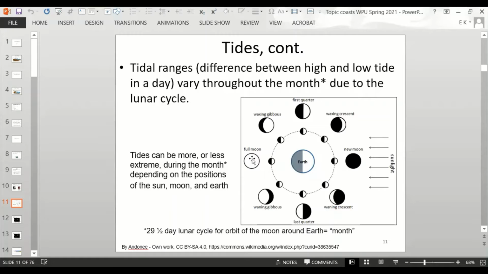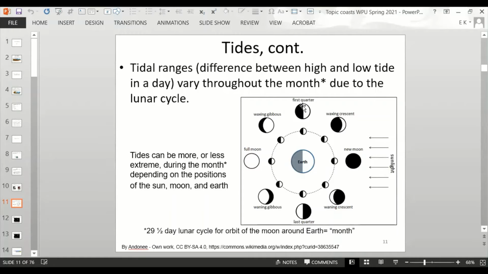So all of those gravitational forces from the sun and the moon are all pulling laterally. So these moon phases are when we're going to have our most extreme tides. Okay, so that's your full moon and your new moon.